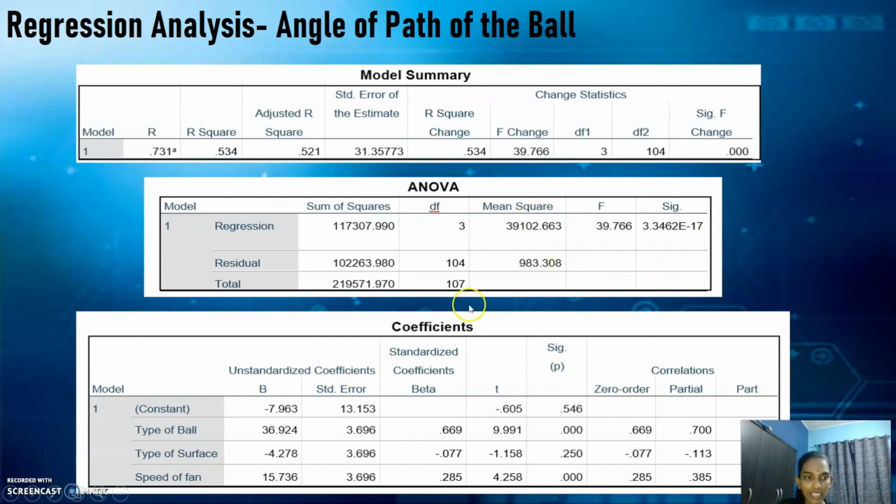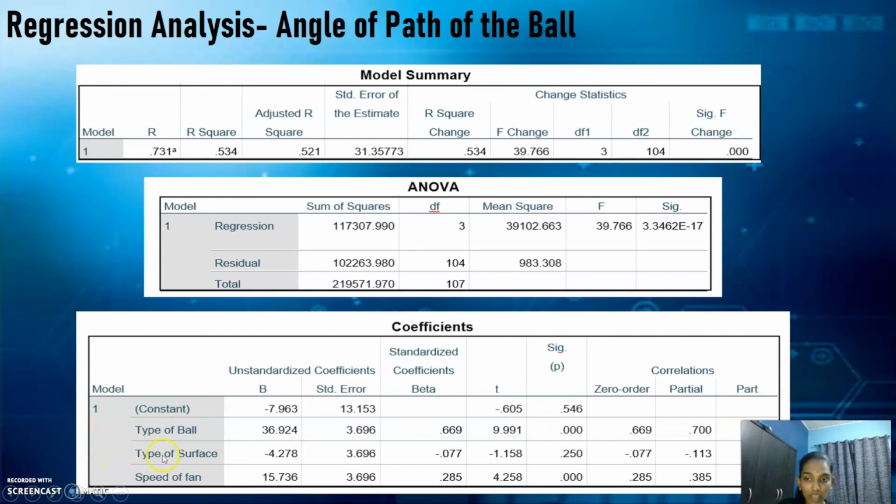Now let us look at the last table, which is the coefficients table, where we will see the independent variables individually. For the type of ball, we get a p-value of 0.00, which is smaller than 0.05. That explains that the type of ball is a significant independent variable.